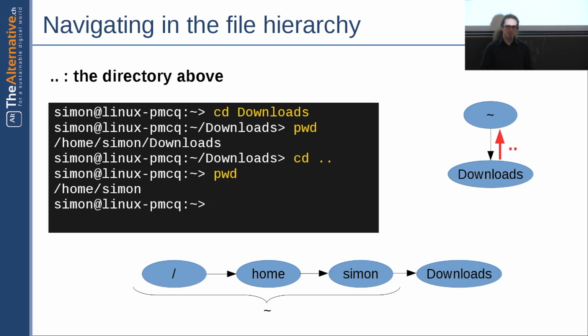You can use this in any opportunity where you have to specify a path. 2 dots always tells the computer this is relative to the directory directly above, and if you just type 2 dots as argument for CD, you're taken to the parent directory, and if you run pwd again, you get again your home folder.